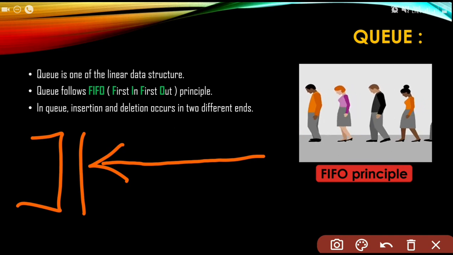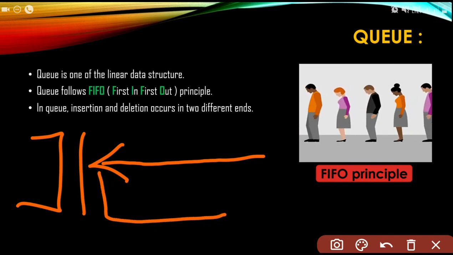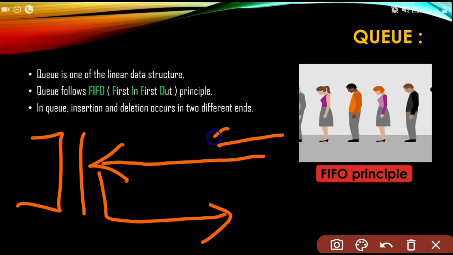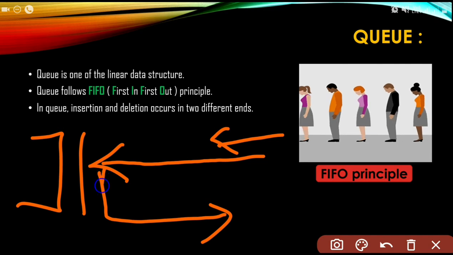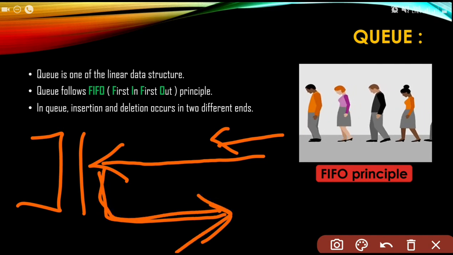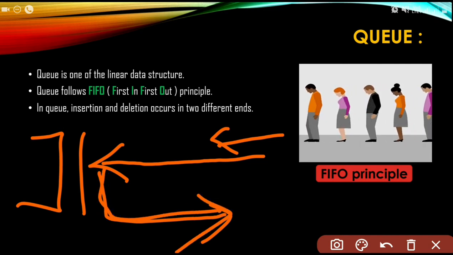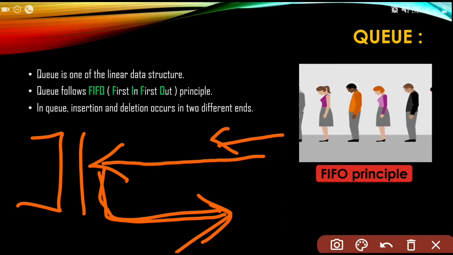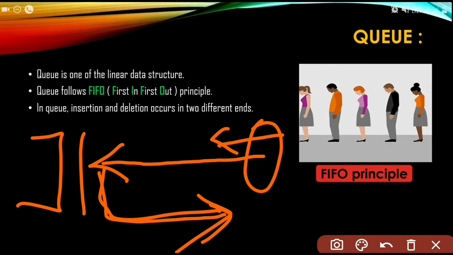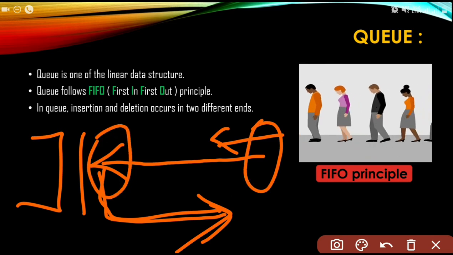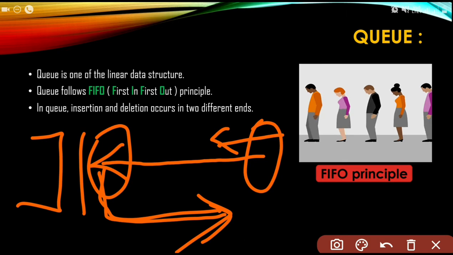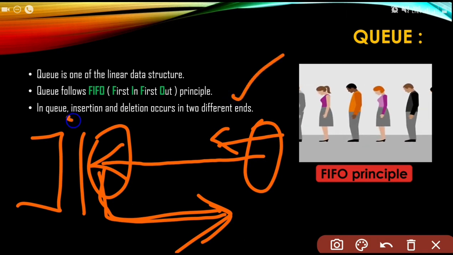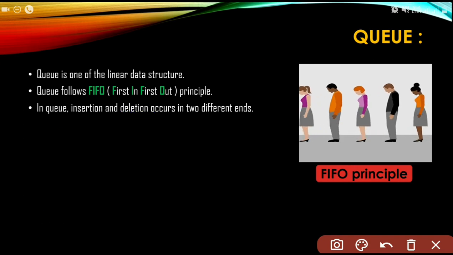When we insert, we come from here. When we delete, we go from here. It is a ticket counter. Means positions were different. From here we insert elements and from here we delete elements one by one. Means we require two different ends for insertion as well as for deletion.